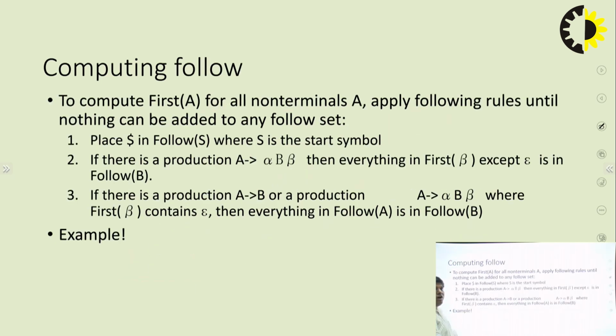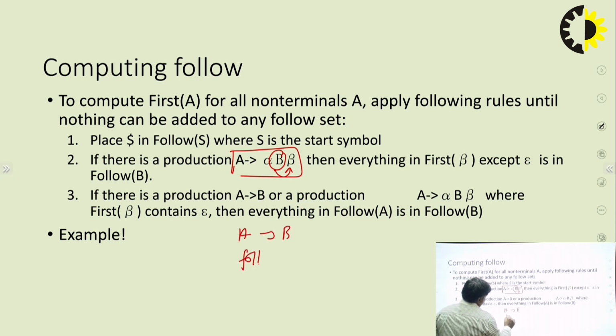Now, what is the Follow? We can simply follow this rule. What is the Follow of B? It means the Follow of B is known as beta, if beta is a terminal.